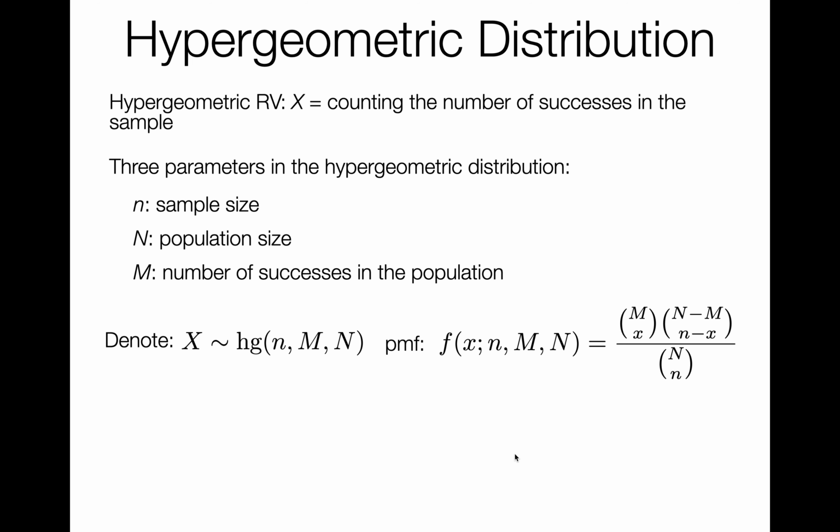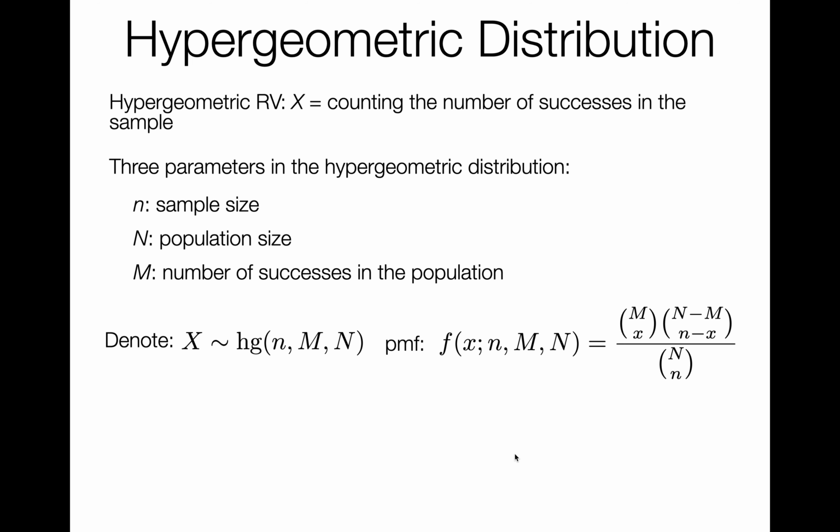Remember, capital M is the number of successes in the population. So this is the number of ways that I could choose x successes in the sample from M in the population. That first choose talks about the successes. The second one talks about the failures: capital N minus capital M is the number of failures in the population, choose little n minus little x, which is the number of failures in the sample.